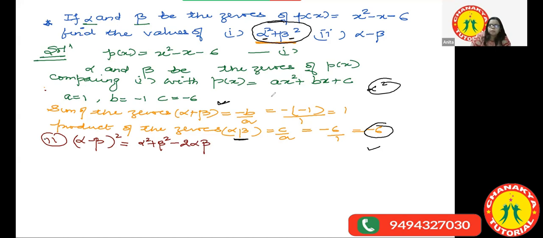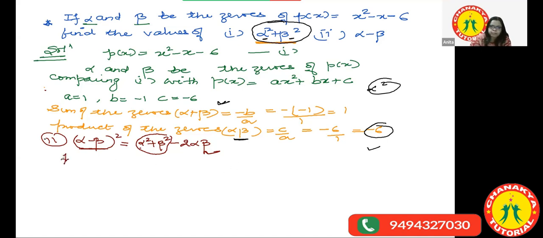Now children, see, we have to find this value of alpha minus beta, and we don't have the alpha square plus beta square value, and we have only alpha beta. So without knowing the value of alpha square plus beta square, how can I calculate alpha minus beta? From the first part, what was the value of this? 13, right?